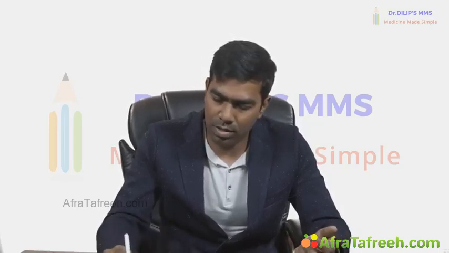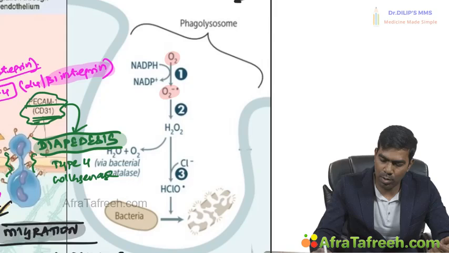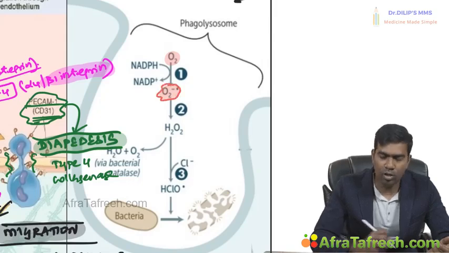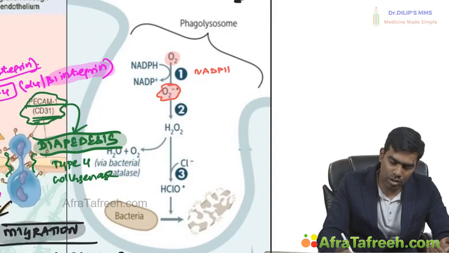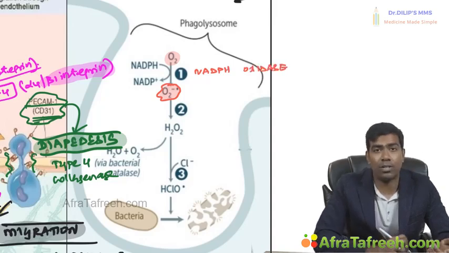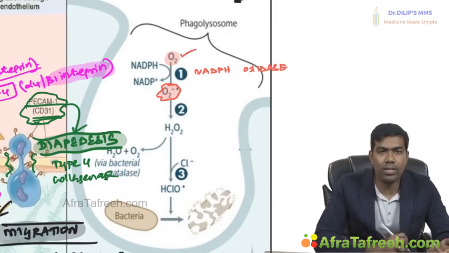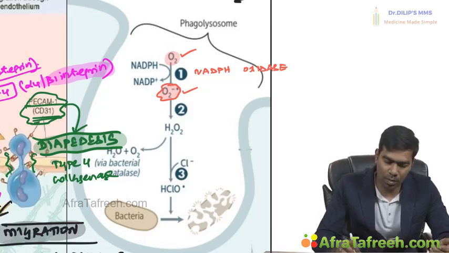It involves three steps. The first process is the production of oxygen free radical, where with the help of an enzyme called NADPH oxidase, this O2 is converted into an oxygen free radical. So this is step number one.